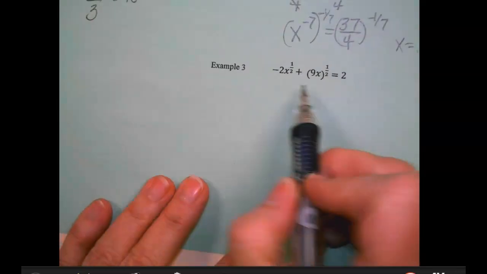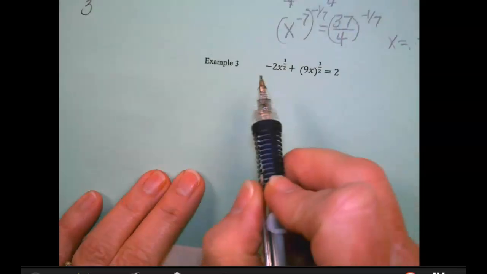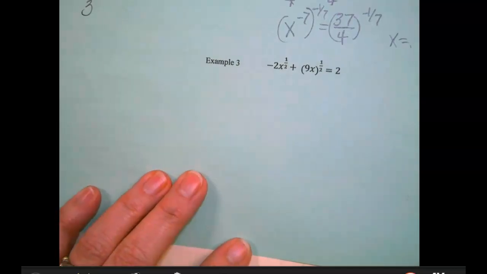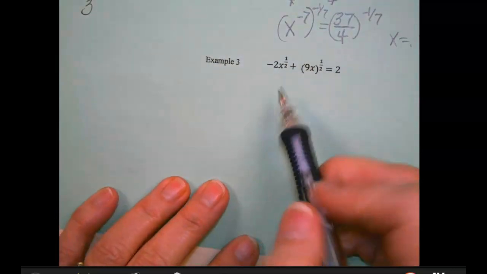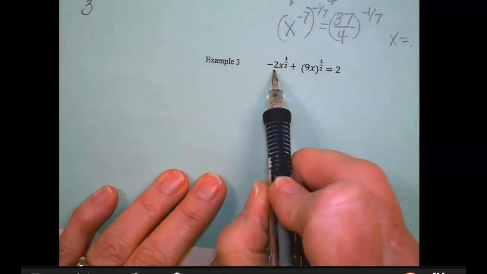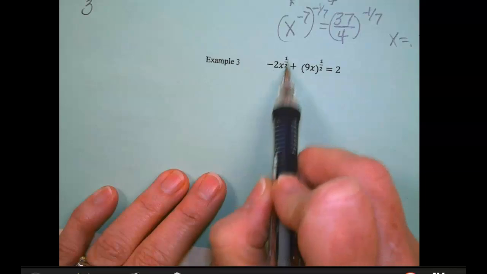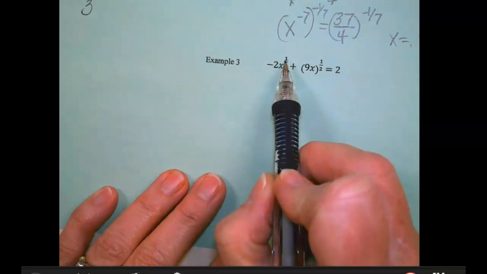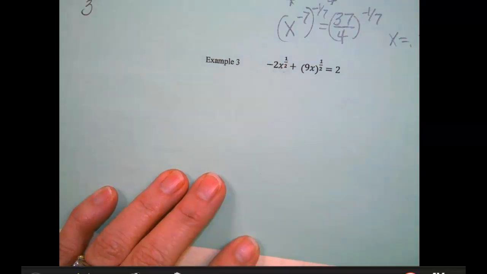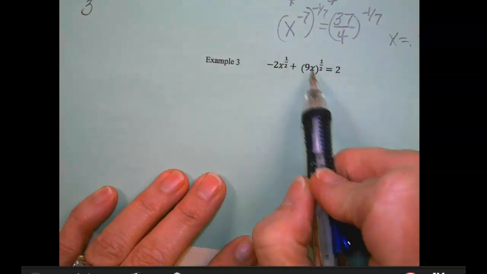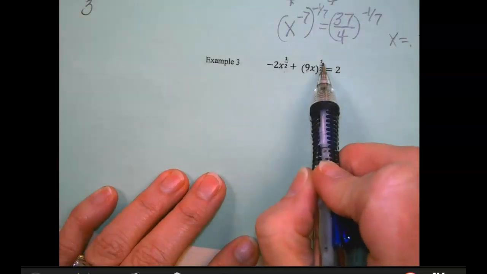Okay, so this is another one like number 5, and it's way easier than it looks, but you have to be careful. So look at the negative 2x to the 1/2. On the negative 2x to the 1/2, the 1/2 is only on the x. It's not on the 2, right? But on the next one, this says the 9x to the 1/2.